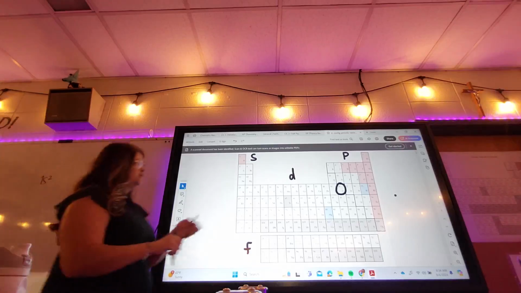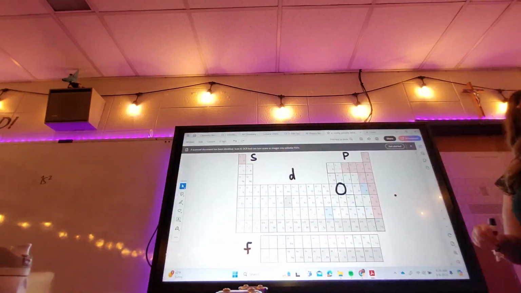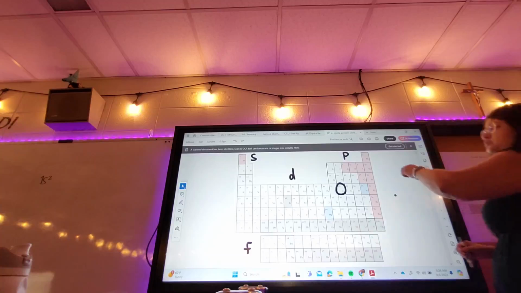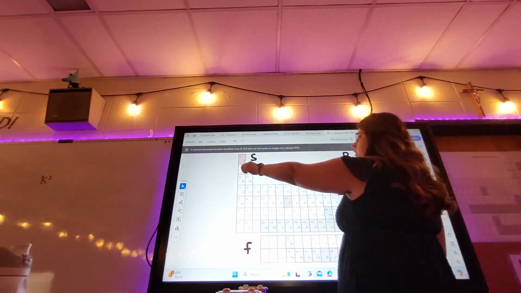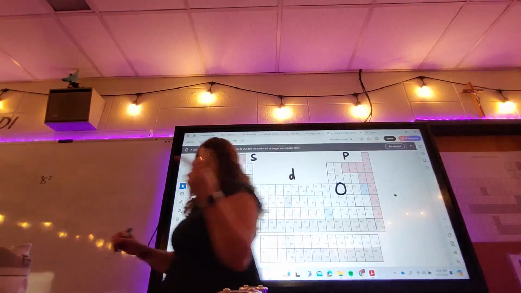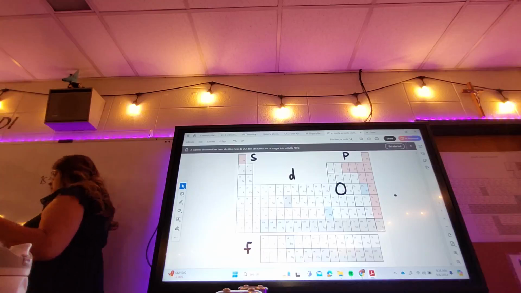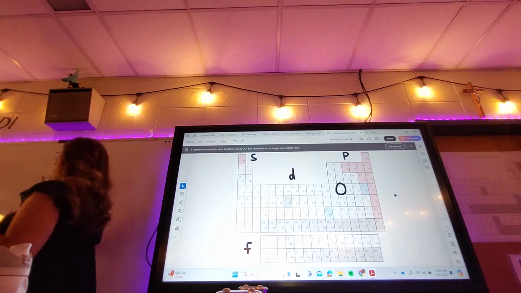And that'll get us from hydrogen through helium. Now we're at helium, so we should go down to the next row, and we're at lithium.